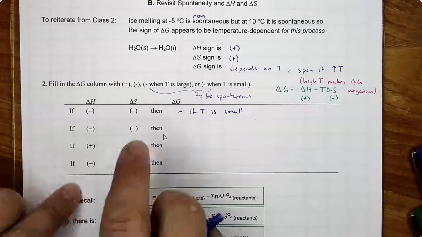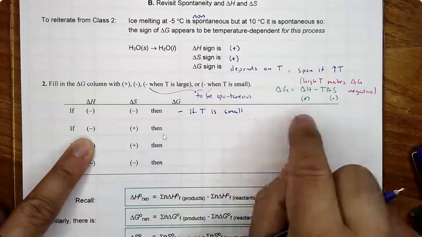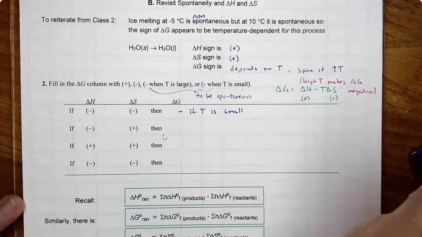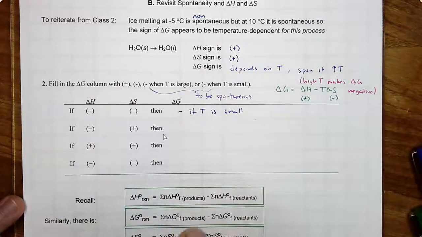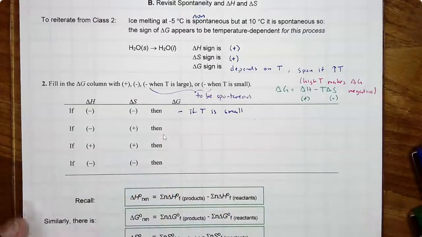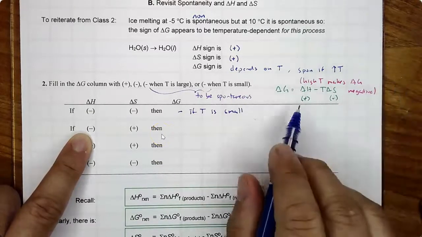Okay. What about negative and positive? Well, let me pause right here because I know some of you have done this before. Why don't you pause the video and fill in the rest of this table for delta G, and then you can compare your answer to mine. Delta H is negative, great.